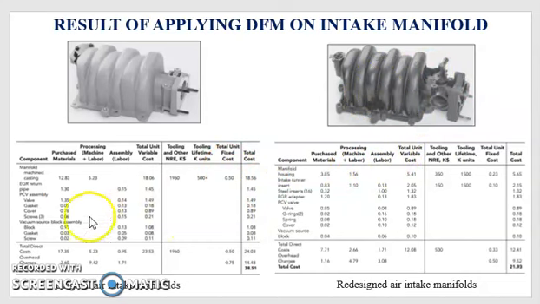Cost estimates for the original and redesigned intake manifold are provided in this table. For the original air intake manifold, the cost is $38.5 US per unit, and for the redesigned air intake manifold using composite materials and molding process, it is $21.93 per unit.